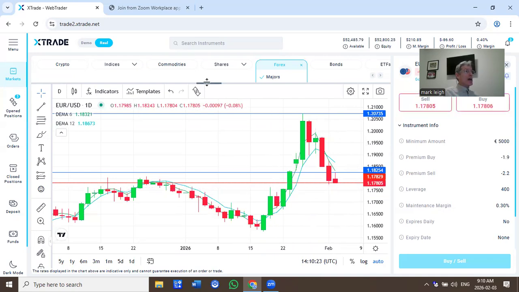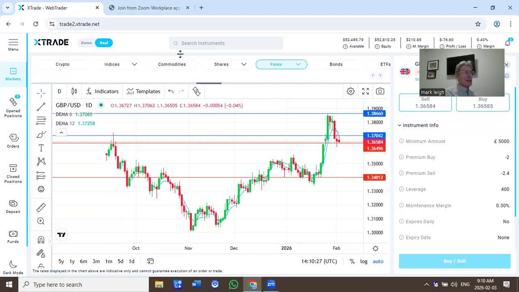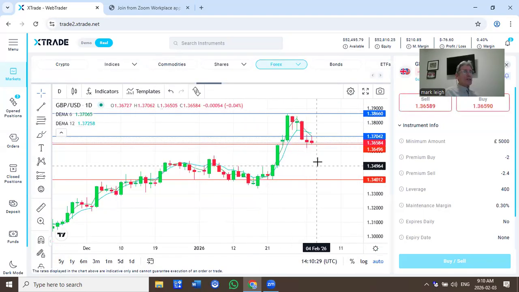Let's have a look at the pound. There you see a similar pattern again. Downtrend in place. EMAs have crossed to the downside, same as we saw on the euro. I've got resistance at 137.04. I've got support at 136.49.